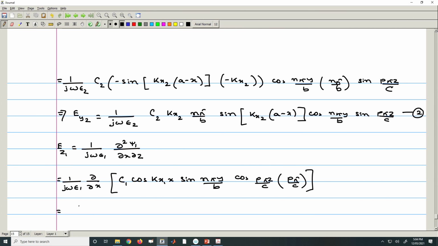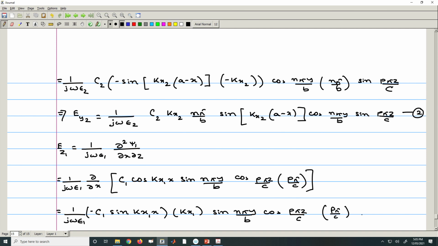So we will have 1 upon j omega epsilon 1, c1, and the x with c1 will be sin kx1 x, so this will be minus kx1, sin n pi y upon b, cos p pi z upon c, then p pi by c.